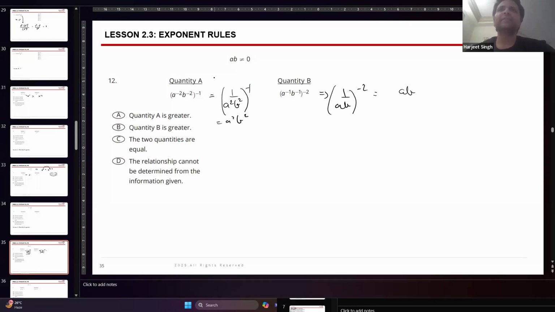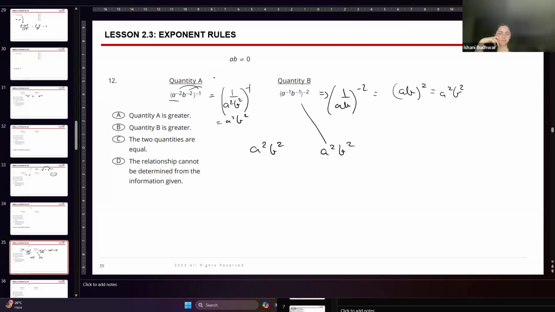So that becomes a square b square. I could have also directly multiplied exponents. So that becomes a square b square, and this becomes also a square b square. Shortcut.